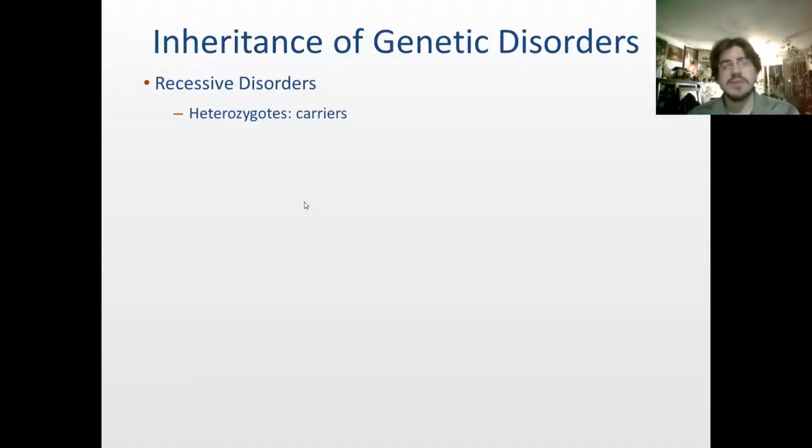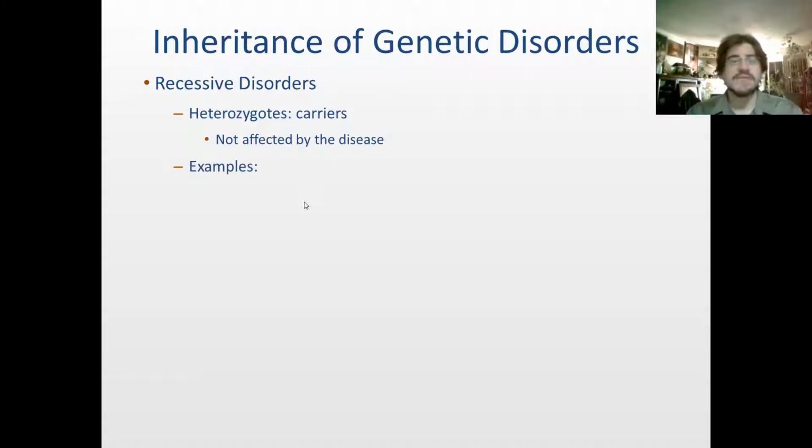They appear to be perfectly healthy because, well, they're perfectly healthy. That recessive allele is getting ignored because there's a dominant allele. But they can pass the recessive allele off to a child. So if you have two carriers having kids, there's a 25% chance their child could have the disease, the disorder. So, carriers are not affected by the disease.